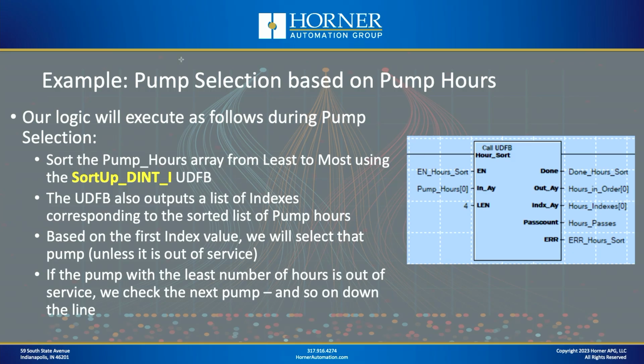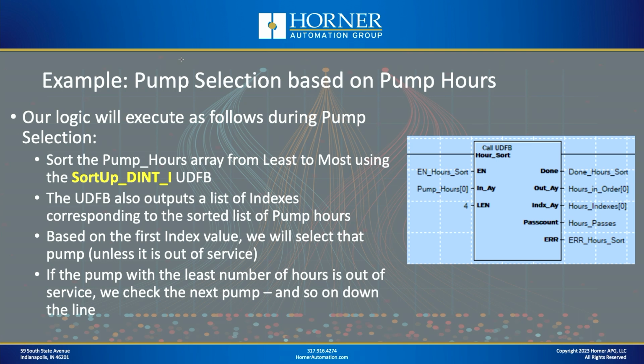Now, how's our logic going to work? Basically, we're going to start when it's time to select a pump. We're going to start by effectively sorting the array of pump hours from least to most, so in ascending order. The output of that is going to not only be a list of the hours in order, but also a list of the original indexes that correlate to those hours.